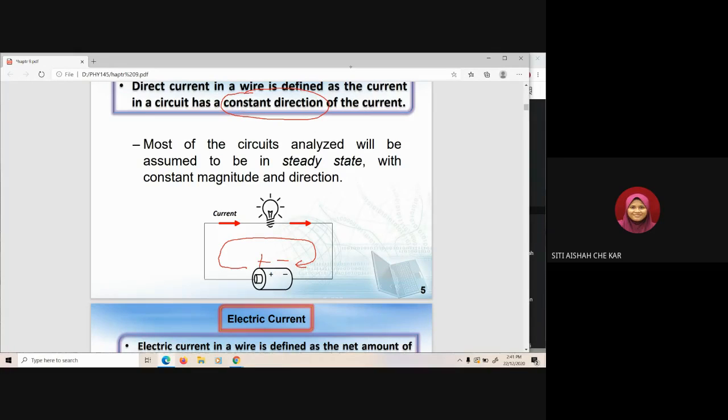So this current in this circuit flows from the positive terminal to the negative terminal. So dia constant. Dia tak ada berlaku from negative to positive. So this does not happen. So automatically this one we consider a DC current. Constant direction.